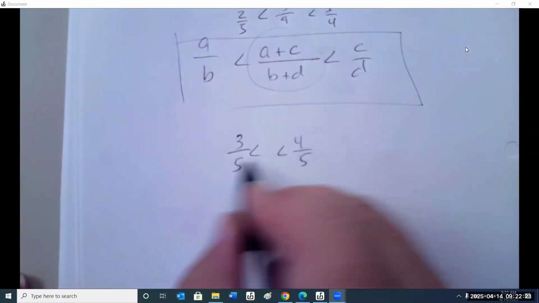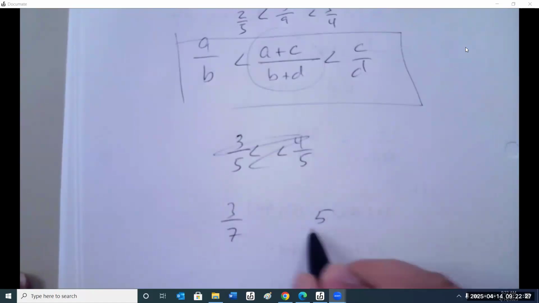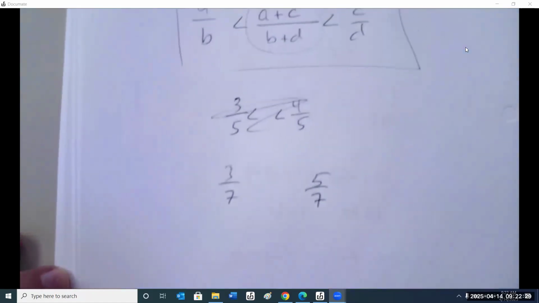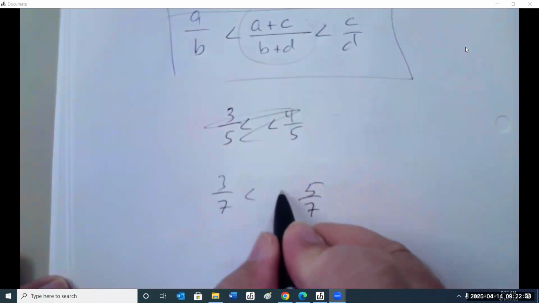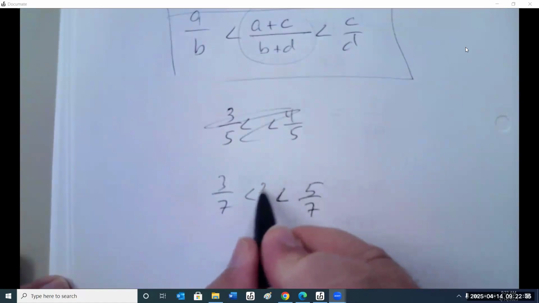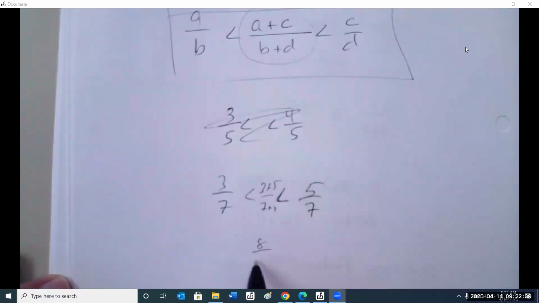Let's do 3/7 and 5/7. What number is between there? 3 plus 5, 7 plus 7. So we have 8/14, which is 4/7. And 4/7 is between those two. So it works. When I first saw it, I thought that doesn't work. Prove it to me. And that's why.